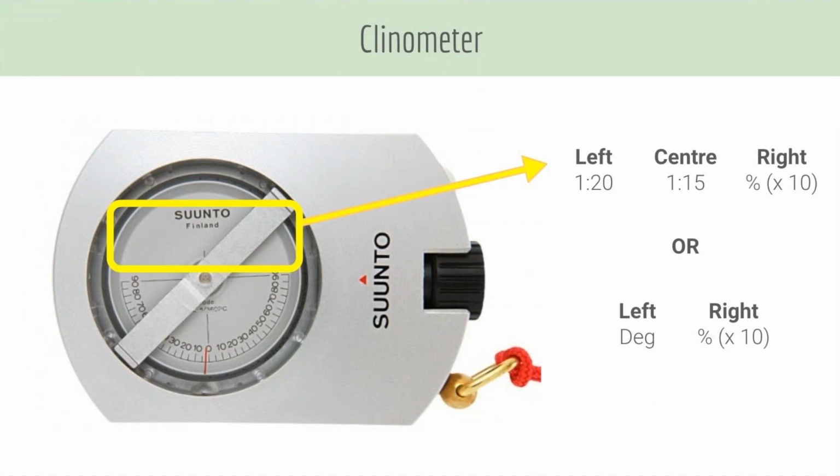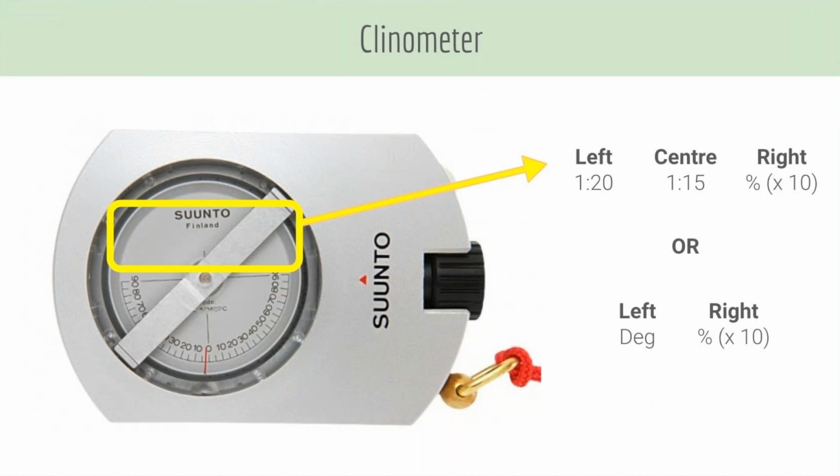So if you're lucky, there'll be some clinometers that have the pre-calculated height measurements based on a 20 or 15 meter distance away from the object and the percentage for safe measure. But if you're less lucky, you might come across a clinometer that just has the degree and the percent.